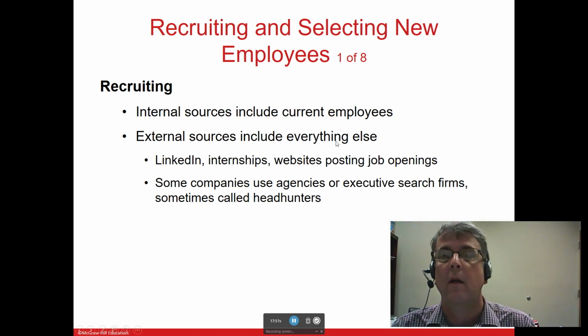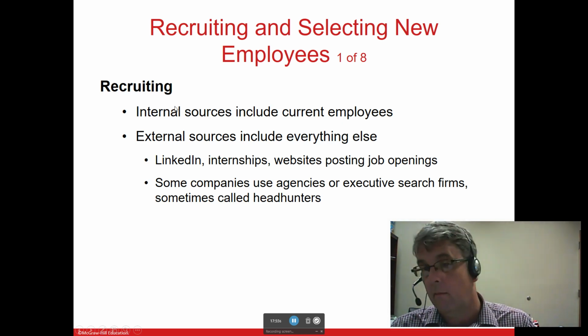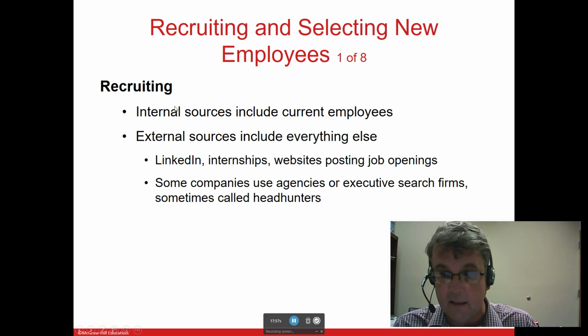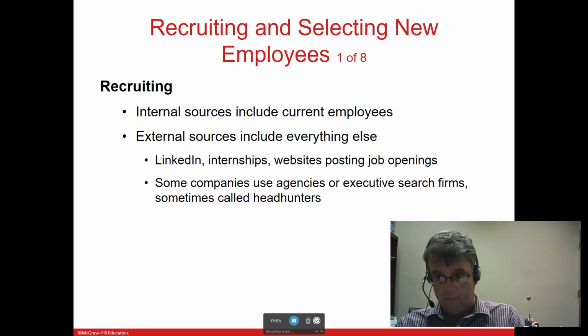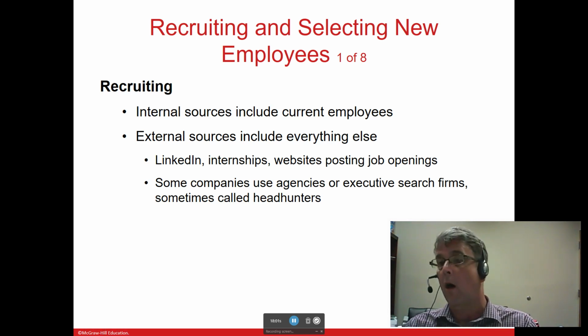Okay. And if you hire from inside, that's an incentive for workers in the firm to work hard, knowing, hey, if I work hard, I can move up the chain here.